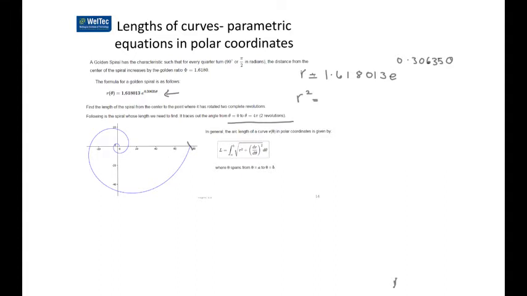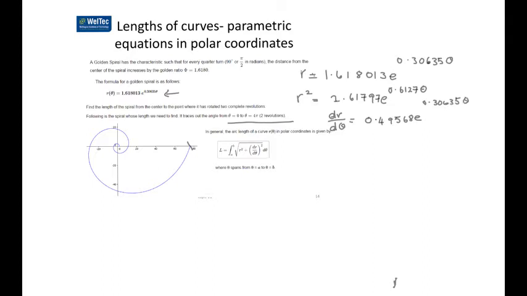So we can do that. That would be 2.61797 e to the power of 0.6127 theta. And for the formula we also need to find dr by d theta, which would be 0.49568 e to the 0.30635 theta.